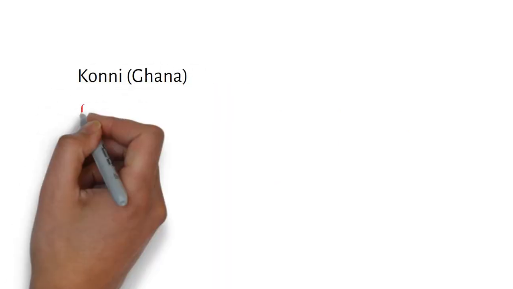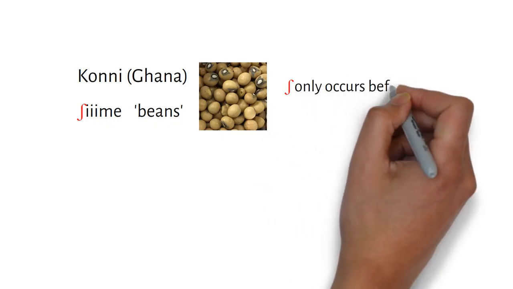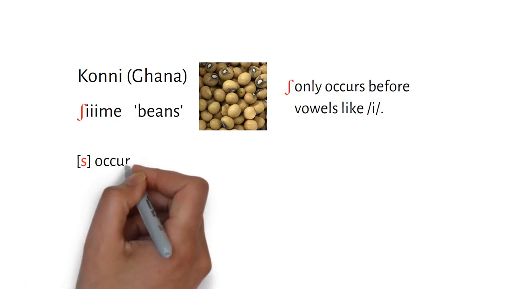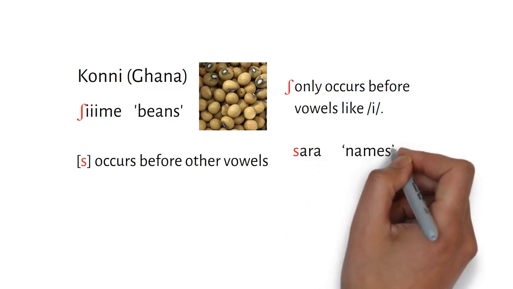The word for beans is pronounced shime with the sound esh. The only place esh occurs is before vowels like e, but s occurs before other vowels. So we have shime, but sara and sunti.